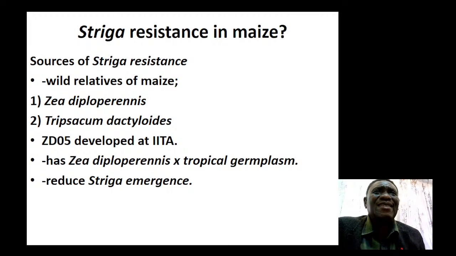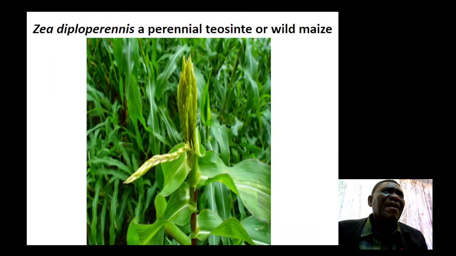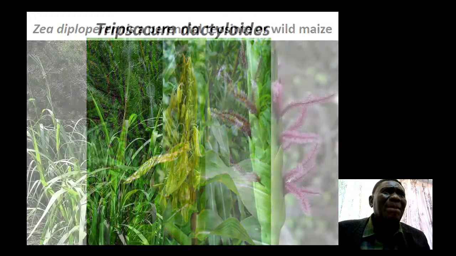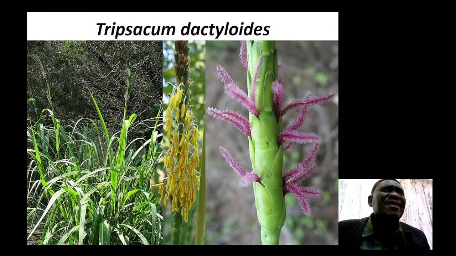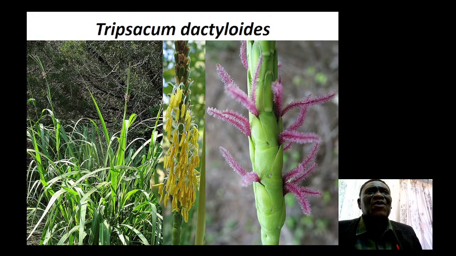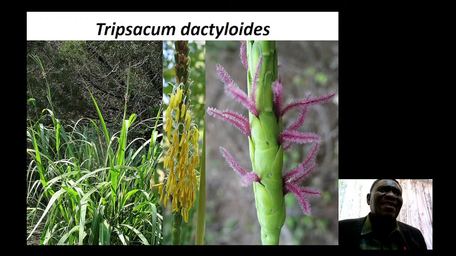It indeed reduced the Striga emergence. This is the Zea diploperennis, a perennial teosinte or wild maize. This is Tripsacum dactyloides, which resists Striga asiatica attachment.